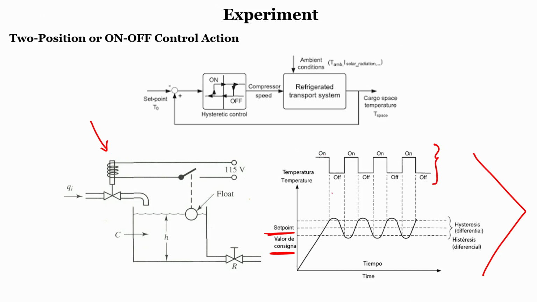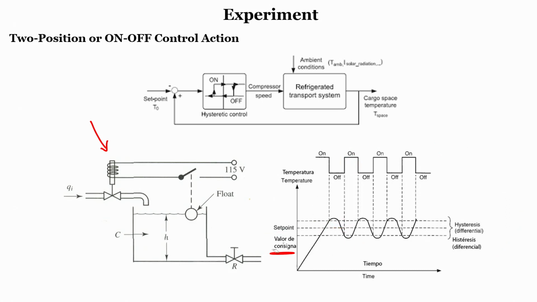It will switch on and switch off: when it is above the set point, you can see here it switches off, and when it goes below the set point, here it switches on. So, this on-off action is continuous whenever the temperature is below or above the set point, and we can work on the on-off control action of the circuit.